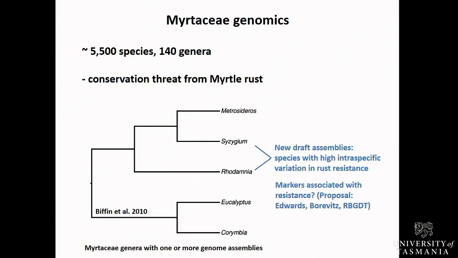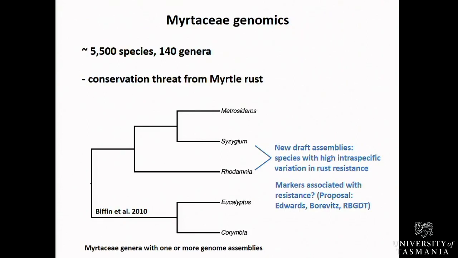So we wanted to generate draft reference genomes for a couple of species that show relatively high susceptibility to myrtle rust, but also relatively high levels of variation in their susceptibility, with the idea that these might be useful for studying the spatial variation in myrtle rust resistance, and also potentially for doing GWAS to try to identify markers associated with resistance.